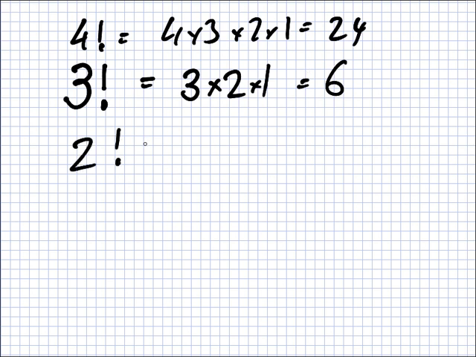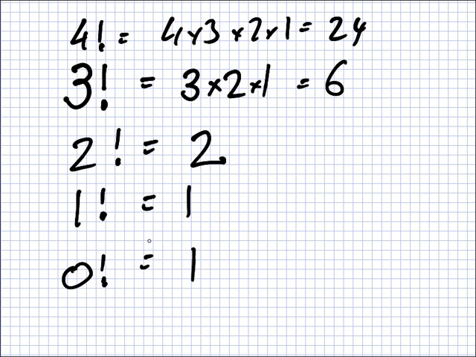What's 2 factorial? Yeah, so that's 2. 1 factorial? 0 factorial? Ah, it gets them every year. It's 1 as well, so you need to be careful with that one.